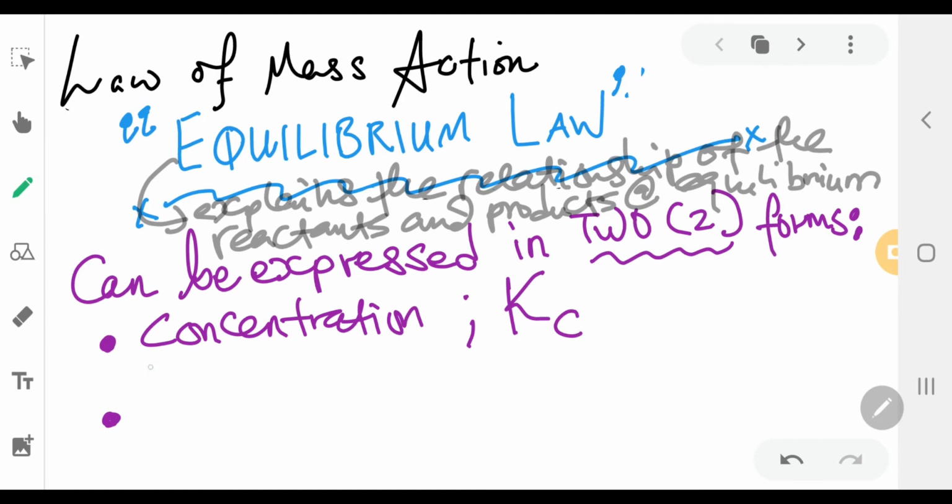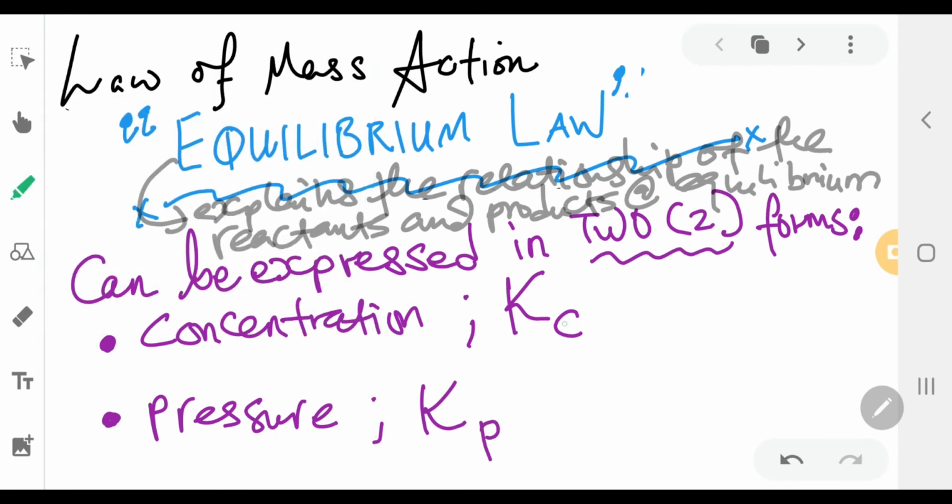So that will be the equilibrium constant expression. And then we have it in terms of pressure. So if you have it in terms of pressure, that one will be your Kp.